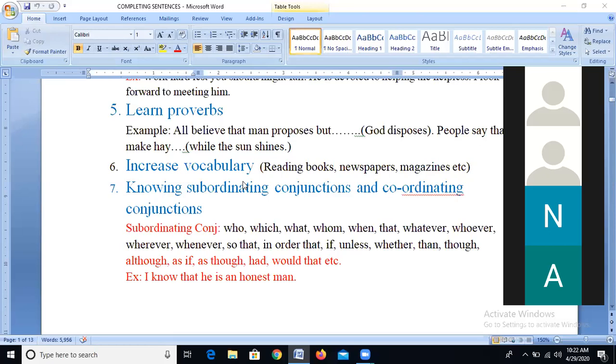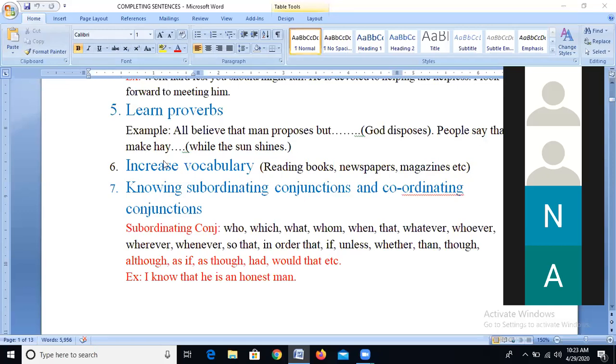Now, how can you increase your vocabulary? It is not a miraculous thing, and you must not think that after a few months or a few years, you will miraculously learn lots of words. Actually, it is not like this.